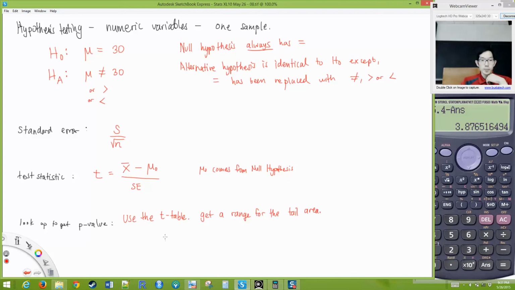If the alternative has a greater than sign, then your test statistic t should be positive, and your p-value is equal to your tail area.